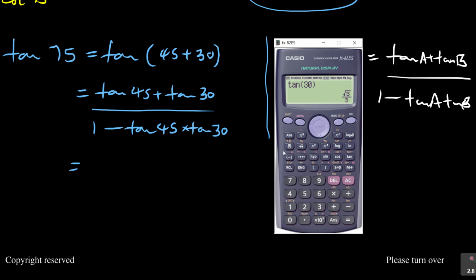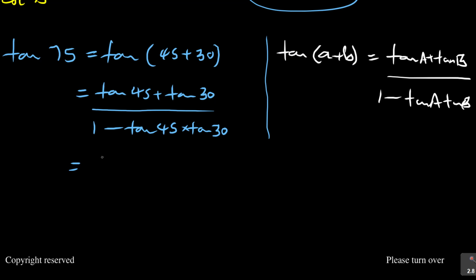If you did not use a calculator, it is supposed to be 1 over the square root of 3, using the actual special angles. The calculator rationalizes, so 1 over root 3 is square root of 3 over 3. So when writing it, you say 1 plus 1 over square root of 3 over 1 minus 1 times 1 over square root of 3.